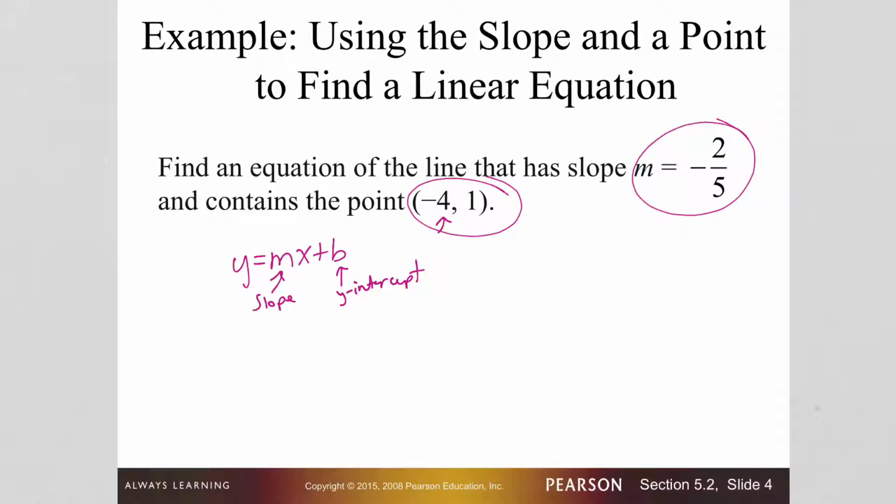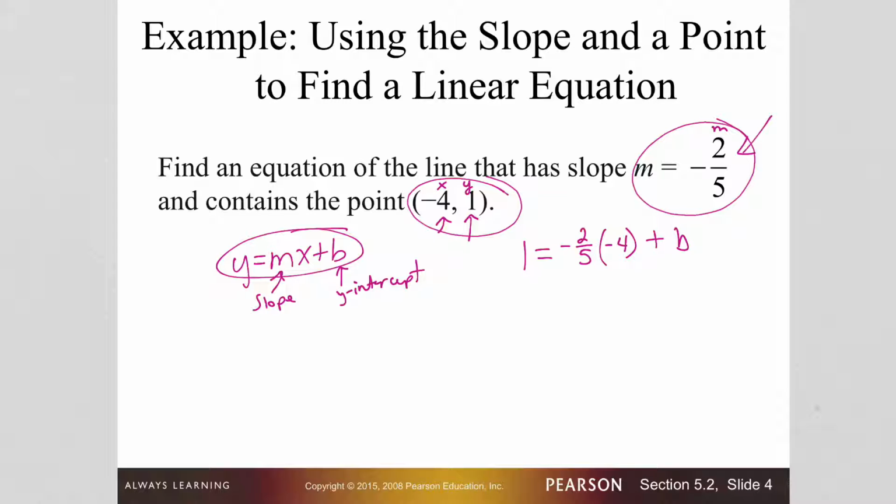So I'm going to plug in this for x, this for y, and this for m, and then, since we have 3 out of 4 pieces of information, we can solve for b. So, using this formula right here, our y is 1, I got that from right there. Our m is right here, negative 2/5, times our x, which is negative 4, plus b.